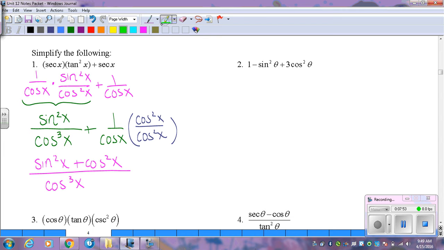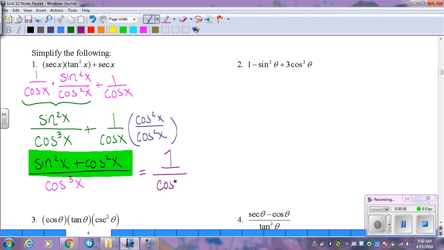Okay, so this identity right here, sine squared plus cosine squared, that is equal to 1. So we have 1 over cosine cubed x. So you could leave it like that, or you could also say that's the same as secant cubed x. Either one of those answers would be correct.